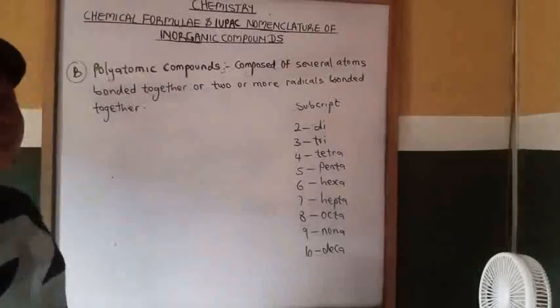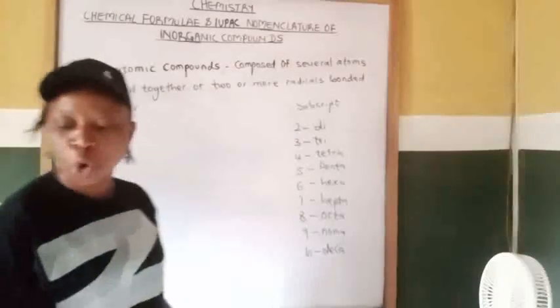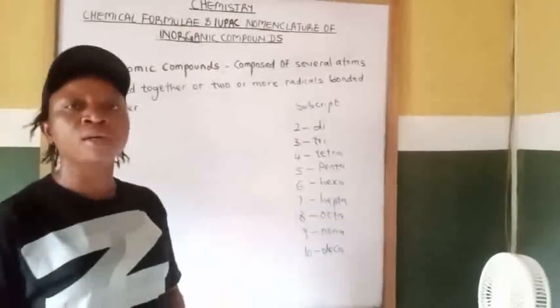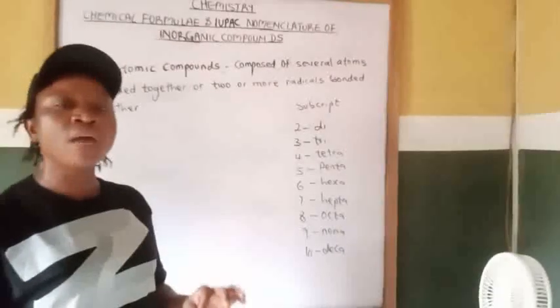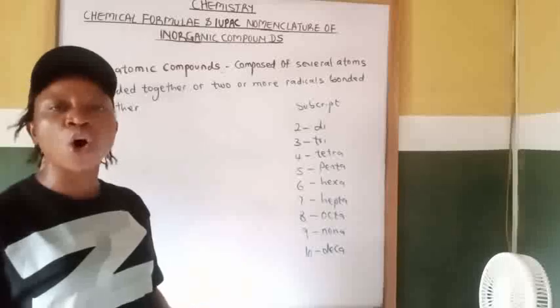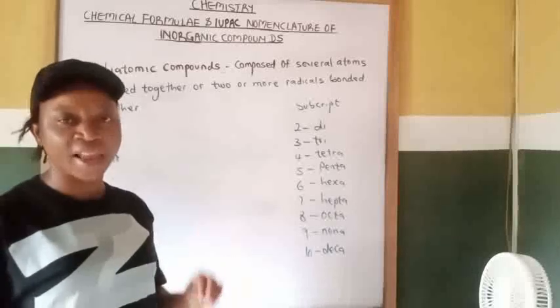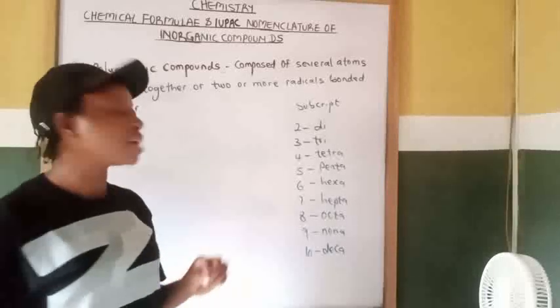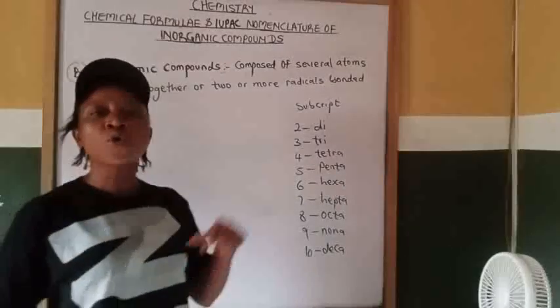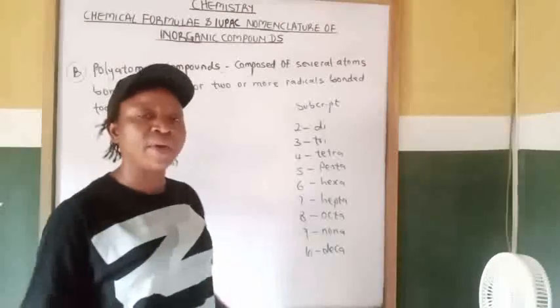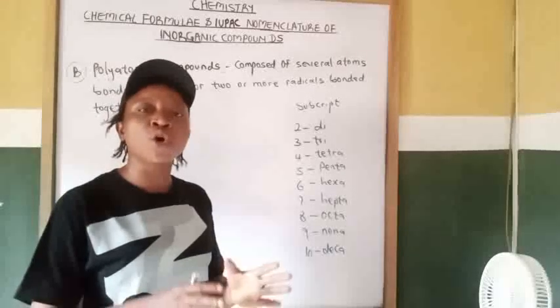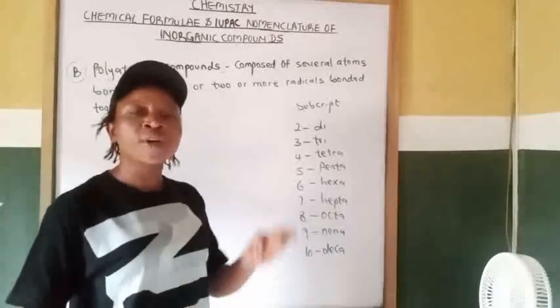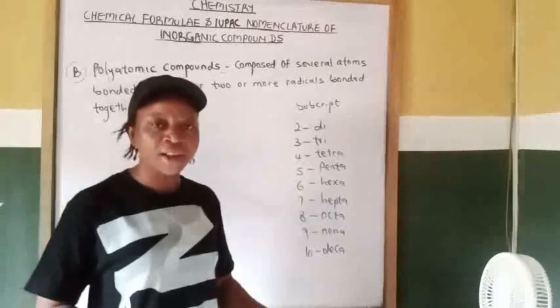I'm going to group this naming of polyatomic compounds into 2 categories. The first one is naming of polyatomic compounds of group 1 to 3 elements. Then the second aspect will be naming of polyatomic compounds consisting of transition elements.